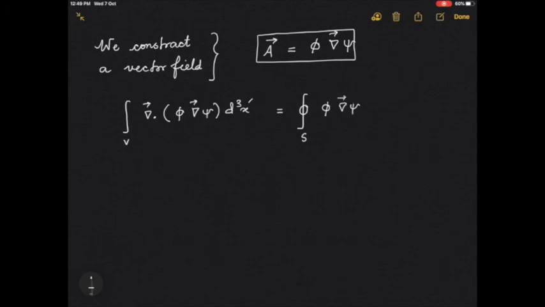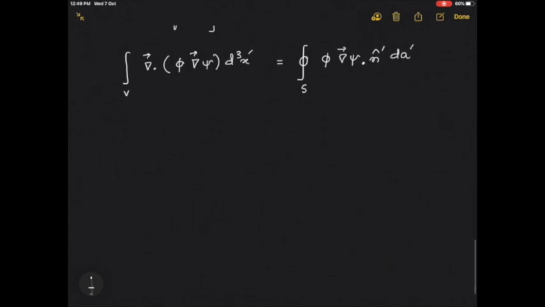And in the right hand side, I have phi grad psi dot n cap dA prime. Okay. Now, before I go to the next step, let us work out the integrands separately.